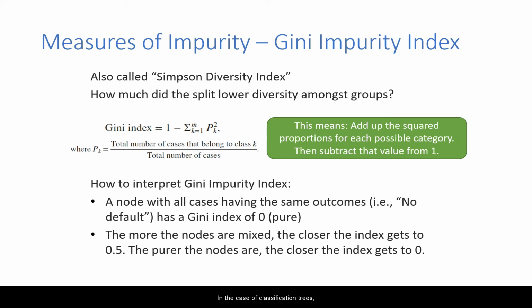In the case of classification trees, Gini Index can be used as a measure of purity or impurity of a subset of data. It measures how much the split is able to lower diversity amongst the groups. The more the split can lower diversity, the better the split is at creating pure subsets. The formula for computing the Gini index is displayed in this slide.